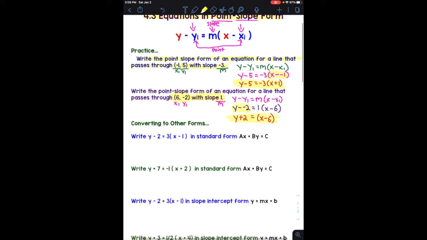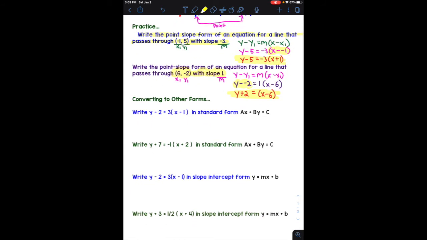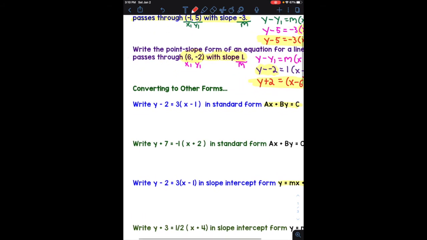So on the second half of our notes here, we're going to take an equation that's already in point-slope form and convert it to either standard form, which is ax plus by equals c, or slope-intercept form, the last two problems, which is y equals mx plus b. So let's go ahead and convert. The first thing we're always going to do when converting from point-slope form to a different form is distribute the slope to the inside of the parentheses.